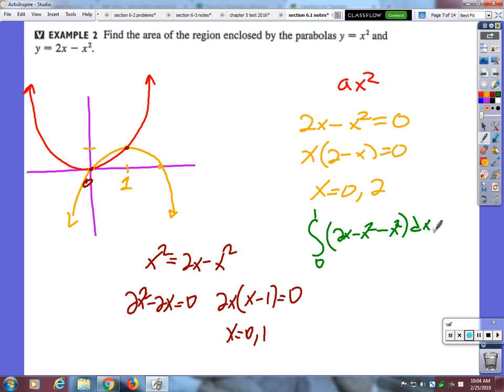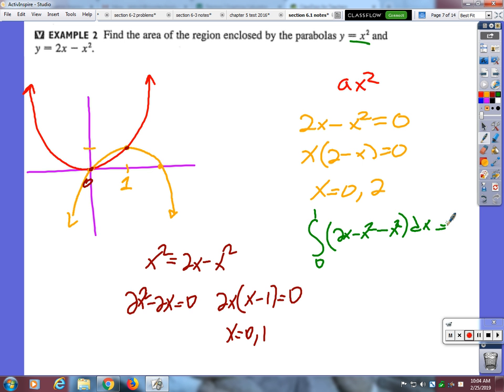Let me ask you this question. What would happen, do you think, if I took a chance, made a guess, and said, hey, this one's first, so I'm going to put it on top minus the other one, and then I did everything correctly? How would my answer be different? It would be the same answer but negative.